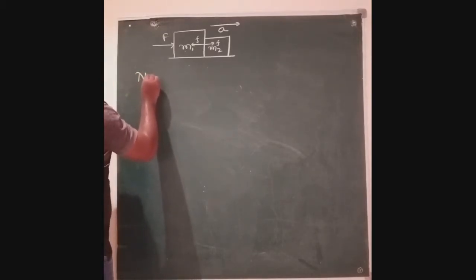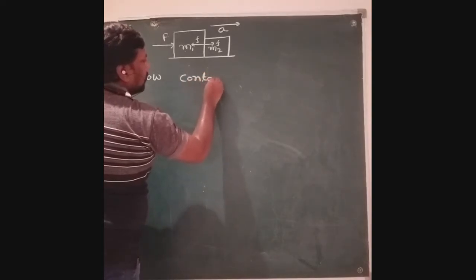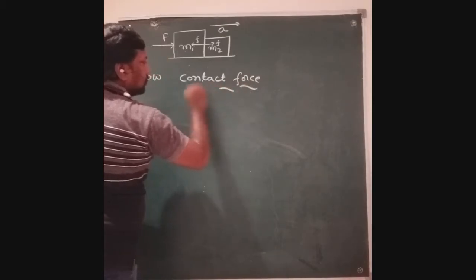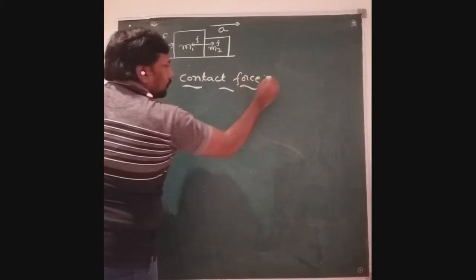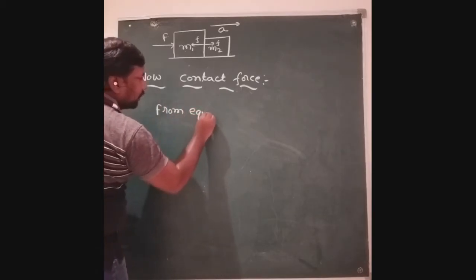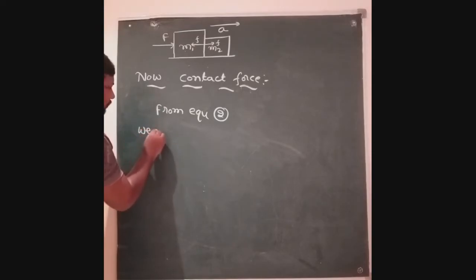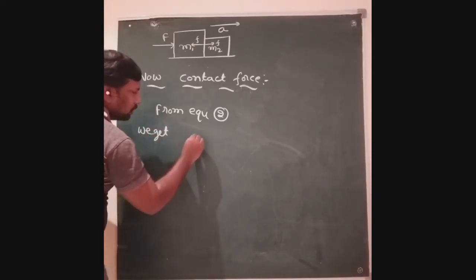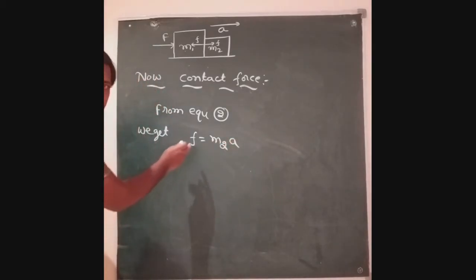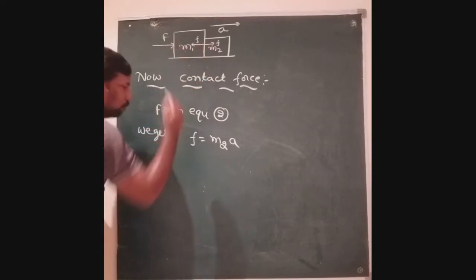Now we can find out the contact force. From equation 2 we get small f equal to m2 into a. Here small f is the contact force between the m1 block and the m2 block.